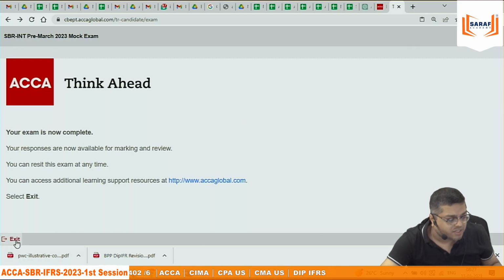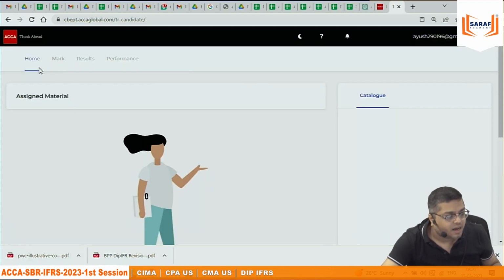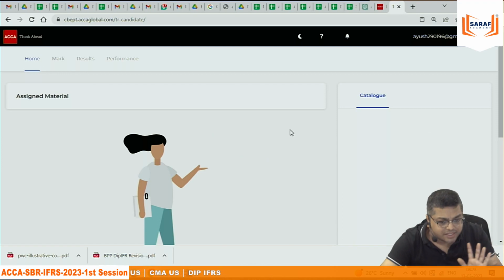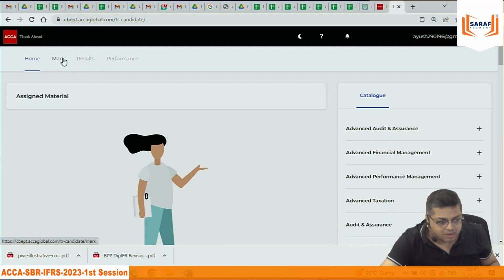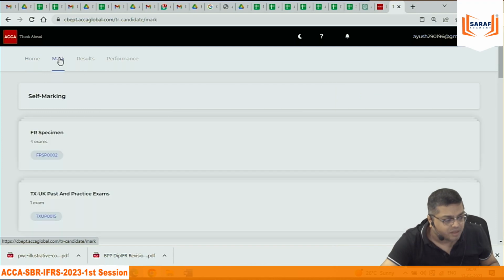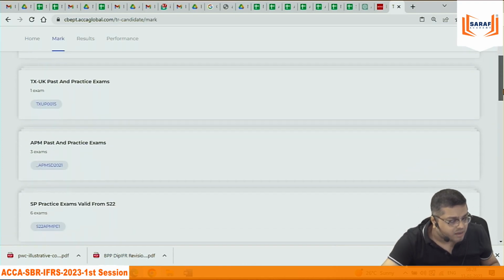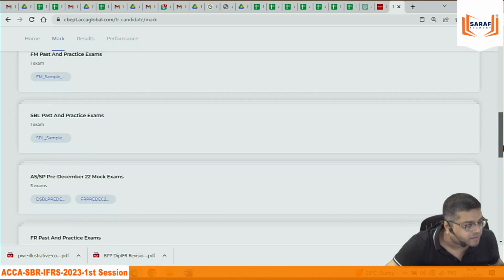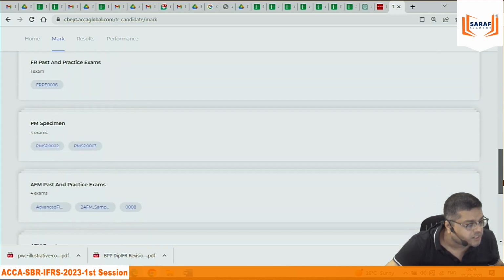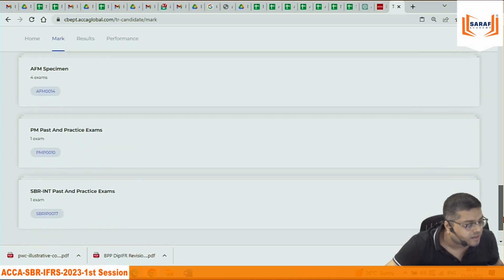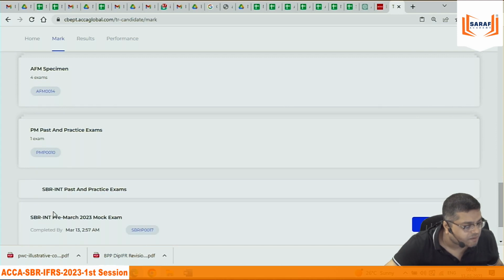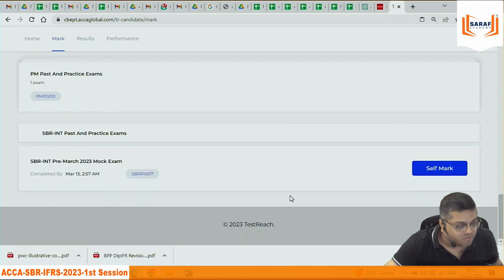Now once I will say exit, under exit again I am going into that same screen. In the same screen you will be able to see 4 tabs. The second tab is the mark tab. Under mark tab, if you go to SBR international practice, they are saying whatever paper you have solved, do you need to do self-marking?